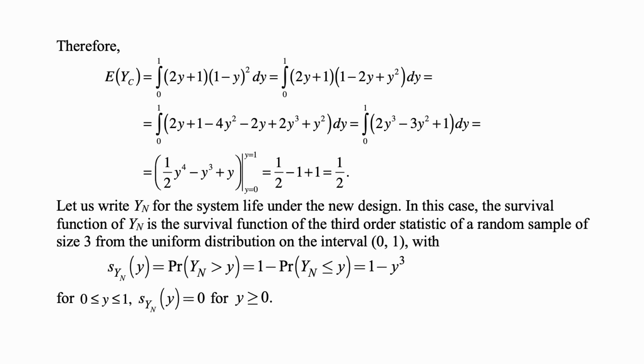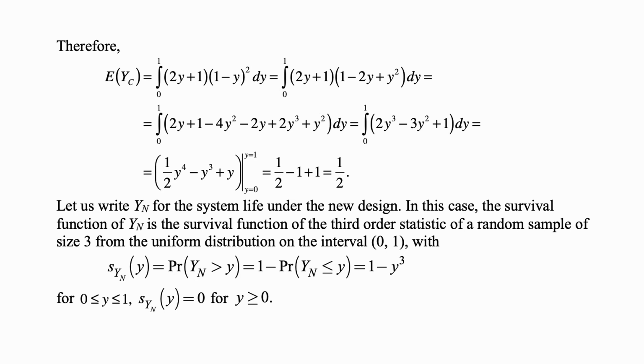That's the integral from 0 to 1 of 2y plus 1 minus 4y squared minus 2y plus 2y cubed plus y squared. So it's the integral from 0 to 1 of 2y cubed minus 3y squared plus 1 dy. And that's 1/2 y to the 4th minus y cubed plus y evaluated from 0 to 1, so it's 1/2 minus 1 plus 1, and that's 1/2.